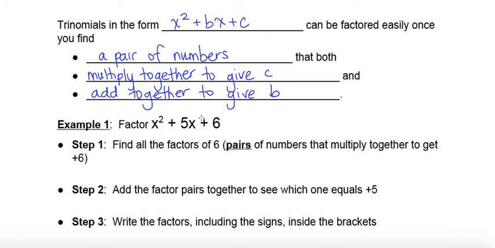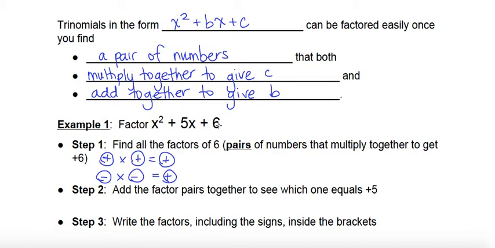And in this case, we want a positive 6 because it's plus 6. So this tells us that either both numbers are going to be positive, because remember, two positive numbers, when we multiply them together, will give us a positive value, and also two negative numbers, when we multiply them together, will give you a positive value. So they're either both going to be positives or both going to be negatives.